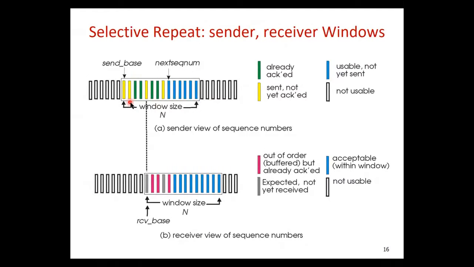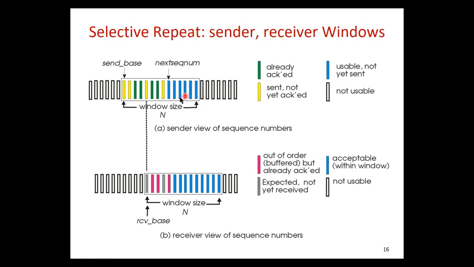But in the case of selective repeat, we have three colors. We can also have already ACKed, the green ones. So here, for example, we have a few green ones, we have yellows, and we have blue.